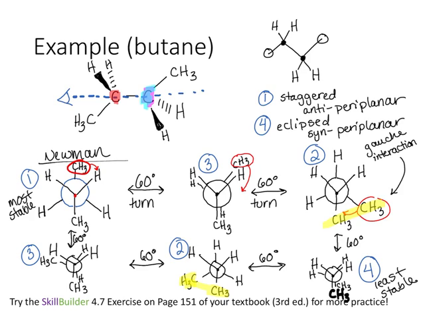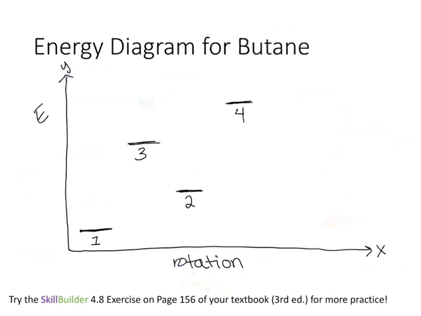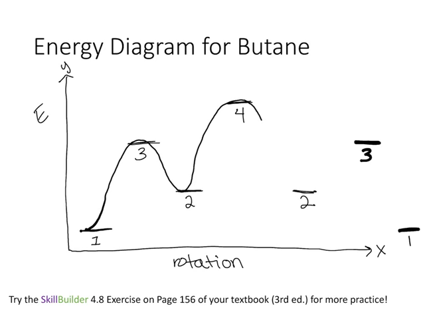So that was number 2. So we'll put that next. And then we ended up with another level 3 structure. And we could keep going, so we could also go back to 1 at the very end. So if we put this all together, it kind of looks like a roller coaster.